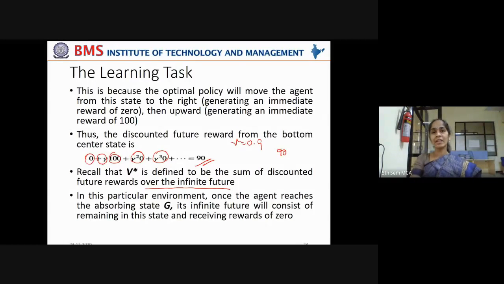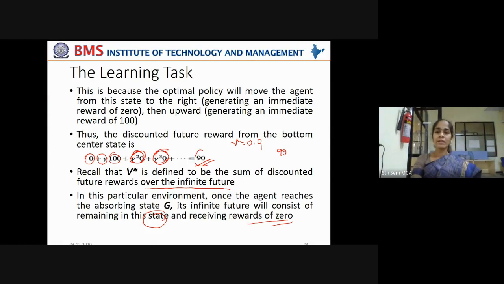It infinitely stays there until another task is given to it, right? In this particular environment, once the agent reaches the absorbing state G, its infinite future will consist of remaining in this state, that is why we call it infinite future, and receiving rewards of 0. That is why here it is 0, here it is 0, and so on.